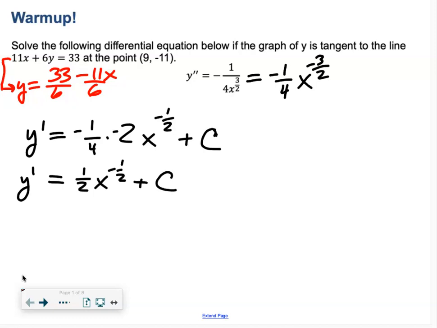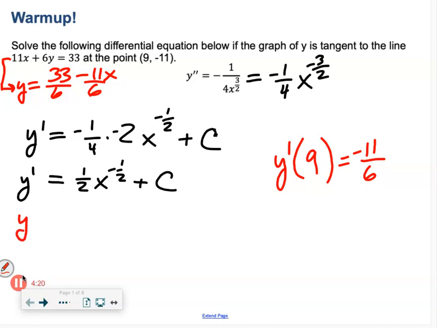So this is actually saying that y prime of something equals -11/6. Well, at what x value is the slope -11/6? At 9. So y prime of 9 equals -11/6.